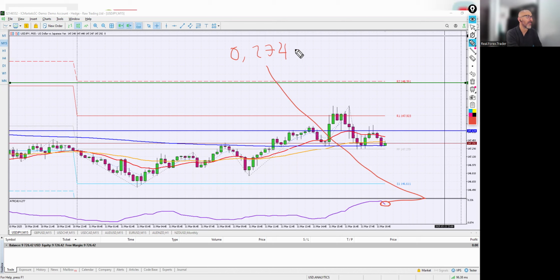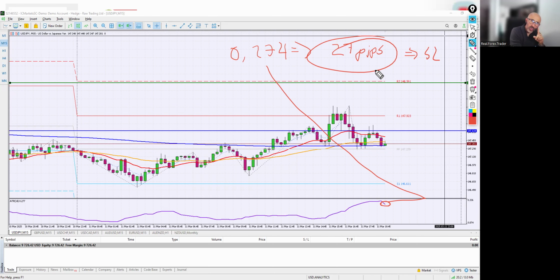What does it mean? That the volatility and the movement of this currency pair in this very moment is a movement, on average in 14 periods, of 27 pips, right? So that is the first calculation for my stop loss, right? But I'm not going to place it at 27 pips.